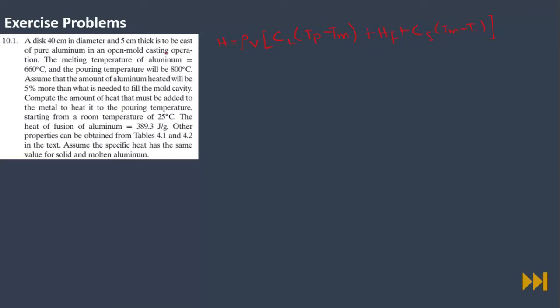Okay, so here H is equal to, let's calculate the volume first.